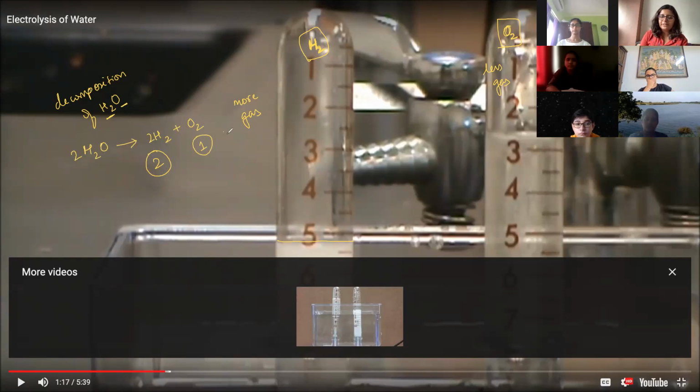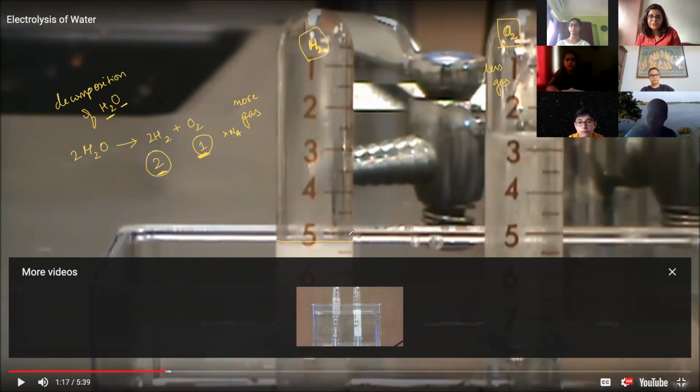If you multiply by Avogadro's number, we have 2 moles of hydrogen for every mole of oxygen produced. So twice the quantity of hydrogen is produced compared to oxygen. That is what is being reflected in the test tubes here. You can see the measurement here.